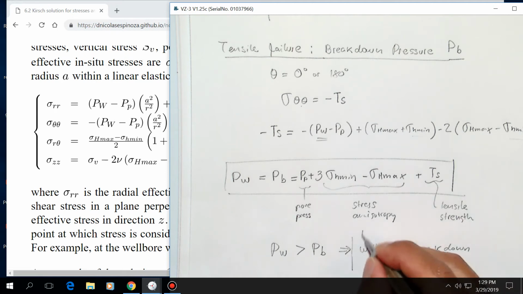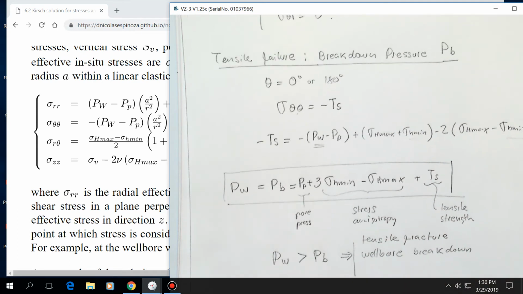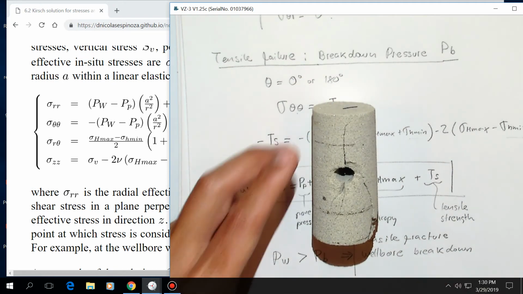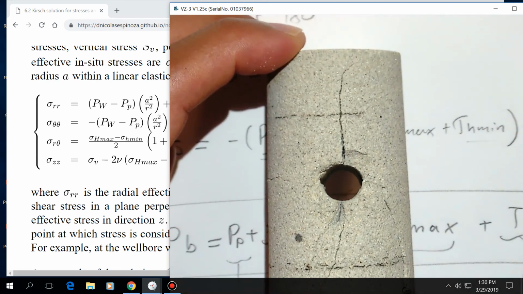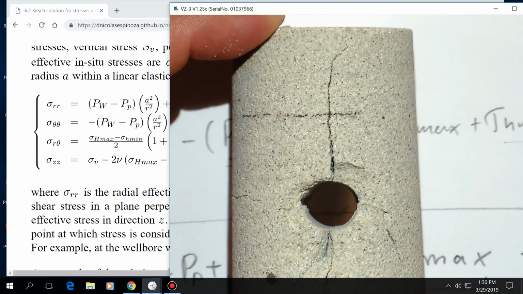But first of all, you will have a tensile fracture. And how does a tensile fracture look in the wellbore? Well, it looks very similar to this. These two are tensile fractures around the wellbore.